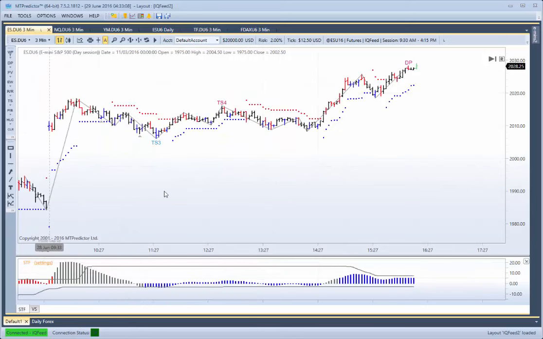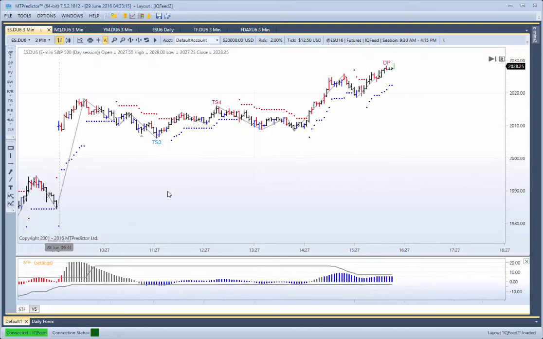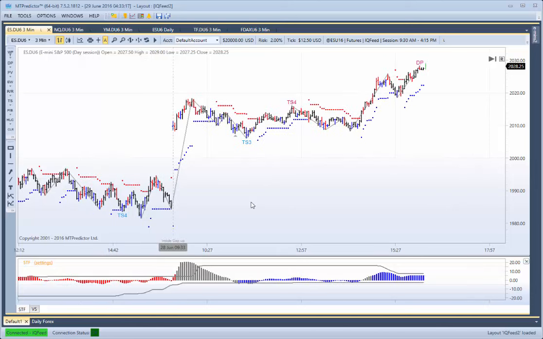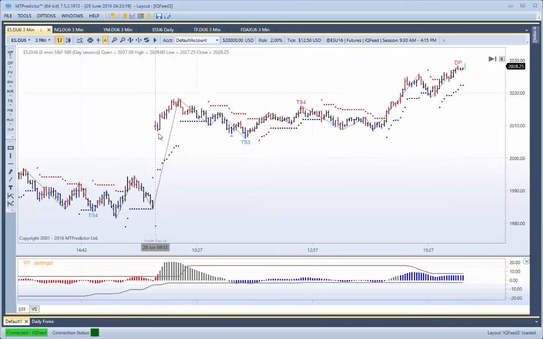If we now go down to our shorter term chart for yesterday, we looked at this in our MTPredictor customers only training webinar yesterday, and I was looking at this and saying, well, we had a big gap up. What very often happens after a big gap up like this is the market tends to chop sideways, and that's what it was doing there. So what was the large degree trend?